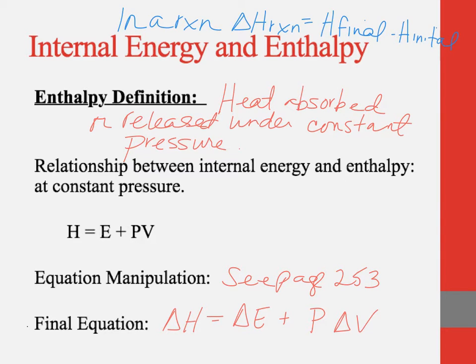Okay? So remember, it's like that parking garage. The change in the altitude is always going to be the same regardless of the pathway taken. We're applying that to a reaction now. The change in enthalpy of a reaction is going to be your final state minus your initial state.